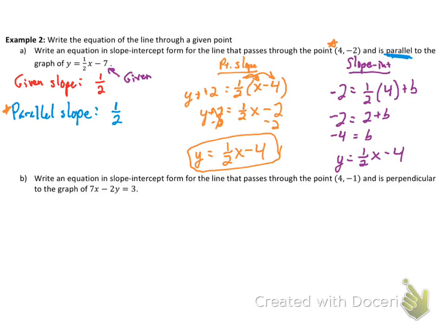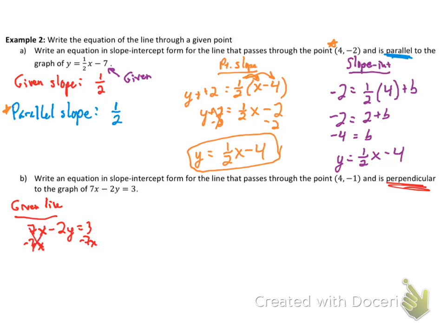In this one, I want to write an equation in slope-intercept form for the line that passes through the point (4, -1) and is perpendicular, so this time I'm perpendicular to the graph of 7x - 2y = 3. I've got to do some work on my given line, 7x - 2y = 3. I have to get this into slope-intercept form so I can figure out my given slope.